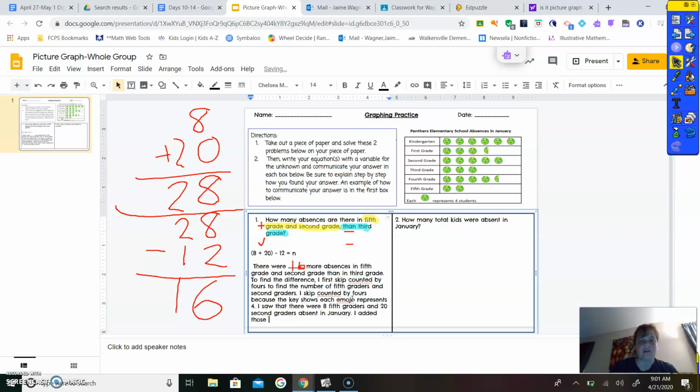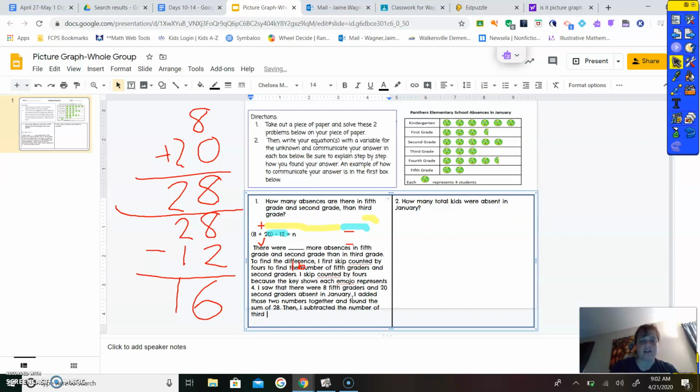I added those 2 numbers together and found the sum of 28. Then I subtracted the number of 3rd graders from the combined 5th graders and 2nd graders, and I got the difference of 16.